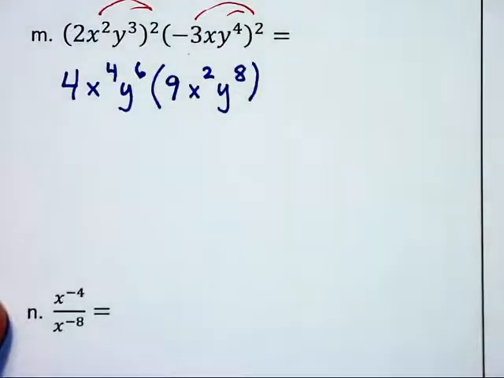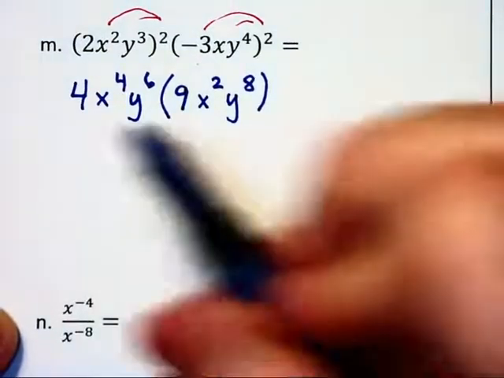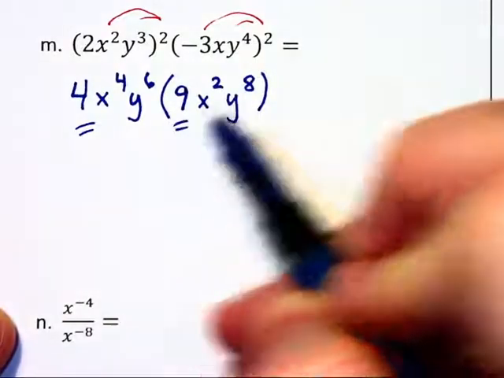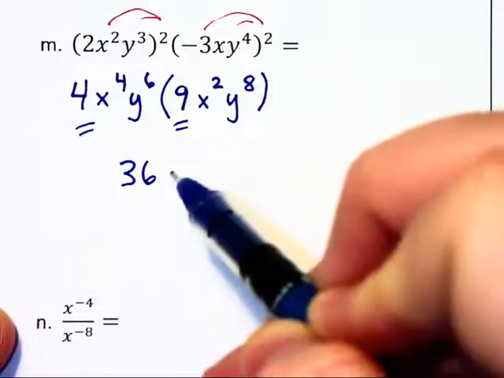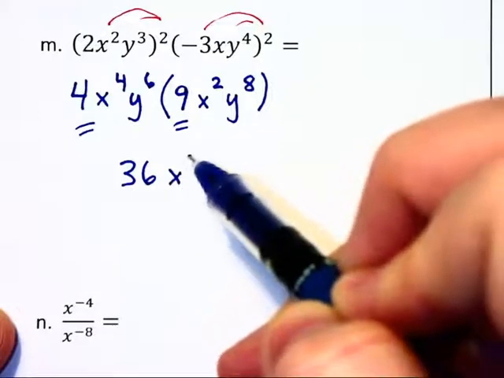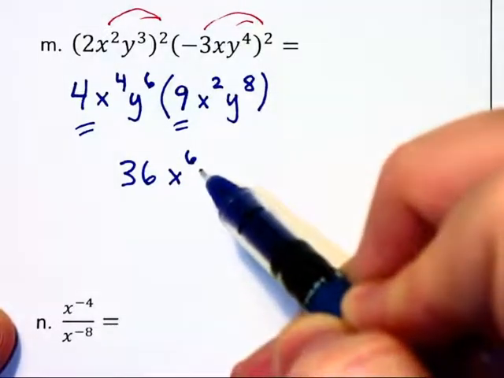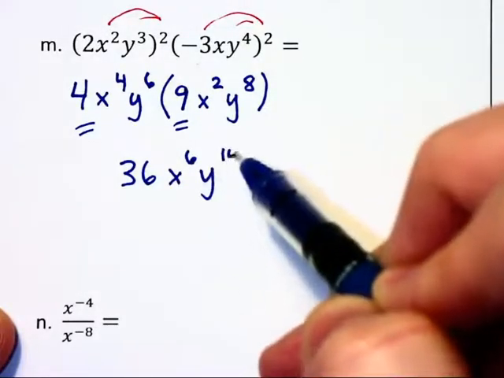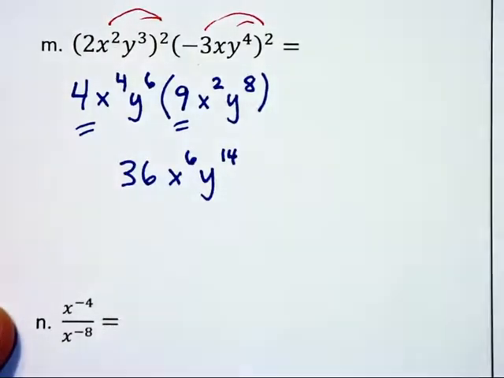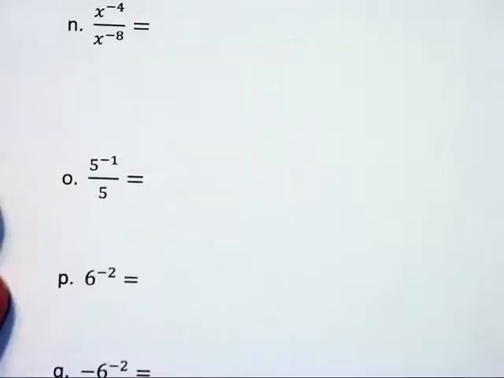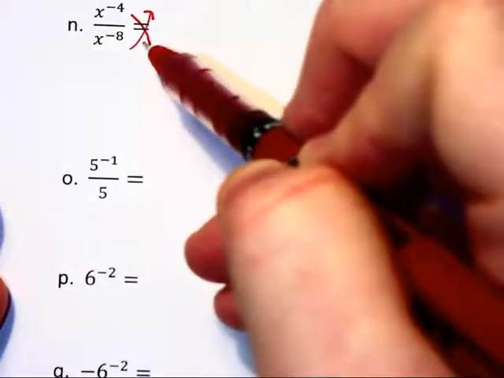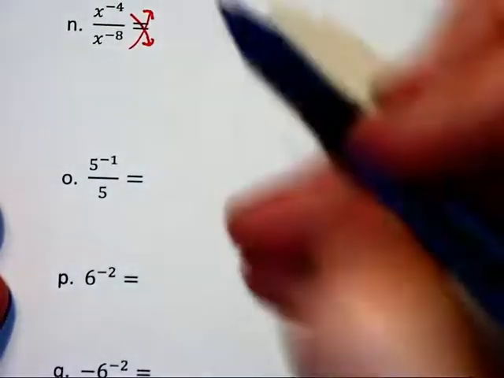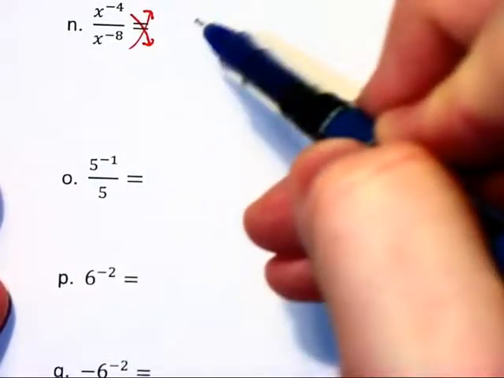Now we just have 2 monomials getting multiplied together, so we multiply the coefficients together. 4 times 9 is 36, and we will add exponents, 4 plus 2 to get 6, and 6 plus 8 to get 14. And that will be the simplified expression. For problem N, both the numerator and the denominator have negative exponents, so both are going to be moving from and switching places.